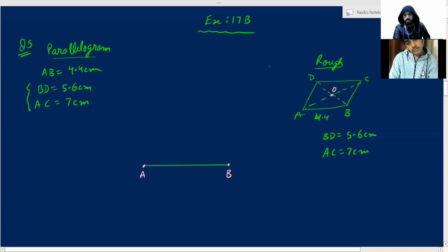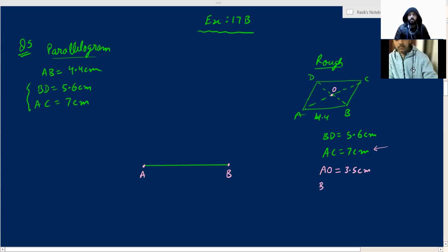Do you know that the diagonals of a parallelogram bisect each other? Right? Diagonals of a parallelogram bisect each other. So if the length AC is 7 centimeters, can you tell me what will be the length of AO? 3.5.